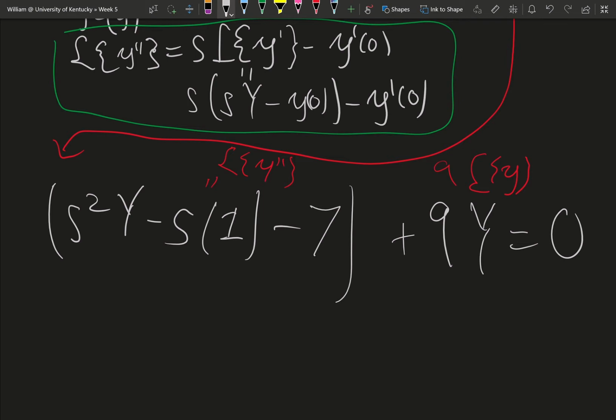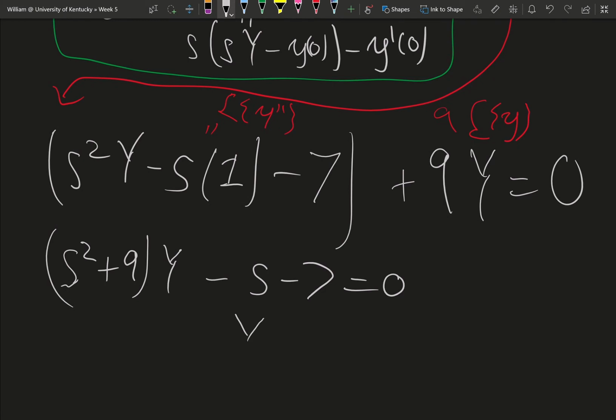So now we can just go ahead and try to solve for Y. Okay, so we can see that capital Y is equal to (s plus 7) over (s squared plus 9).